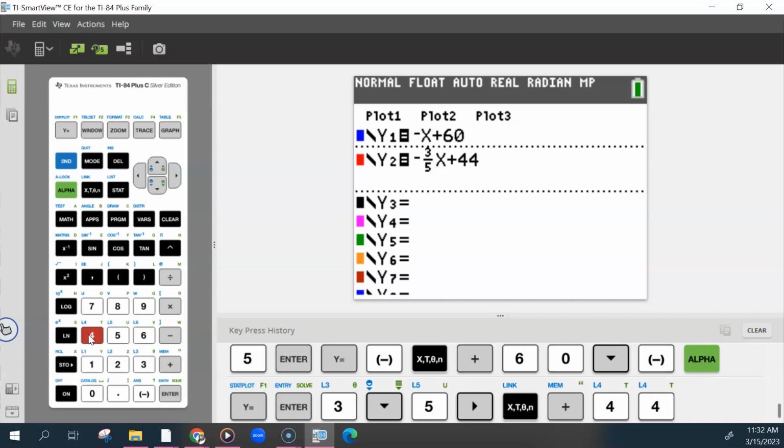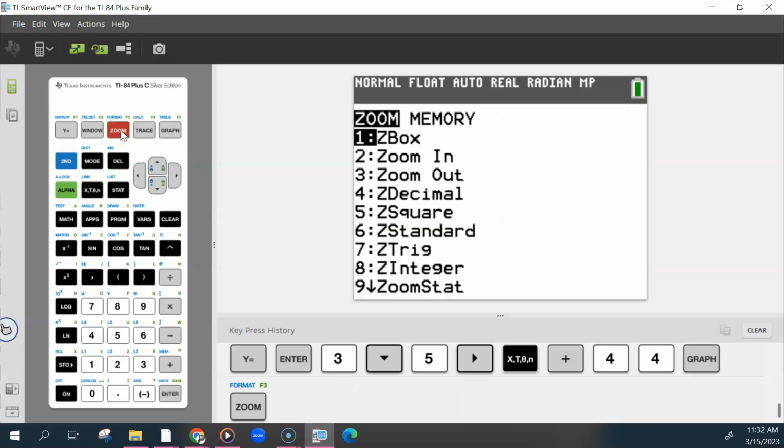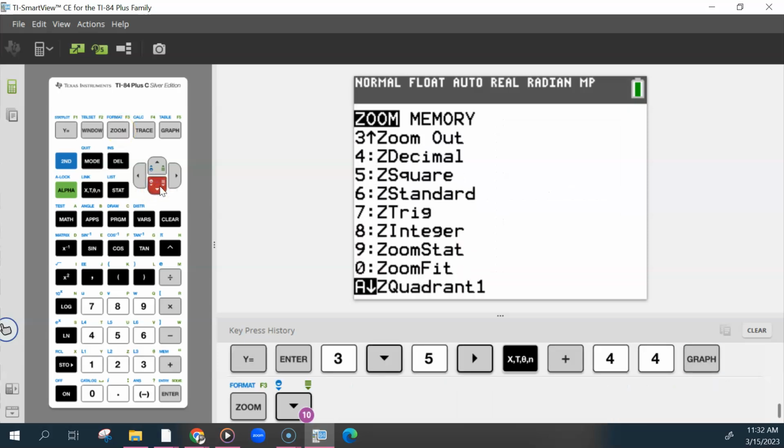Then we would graph those. I didn't have you guys reset your calculator, so you may be able to see it right now. You may not. If you can't see it, we'll have to zoom to something to find it. So I always use Zoom Fit. So in Zoom, go to Zoom Fit 0.